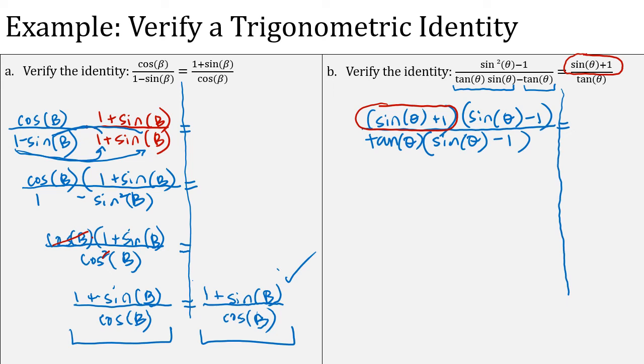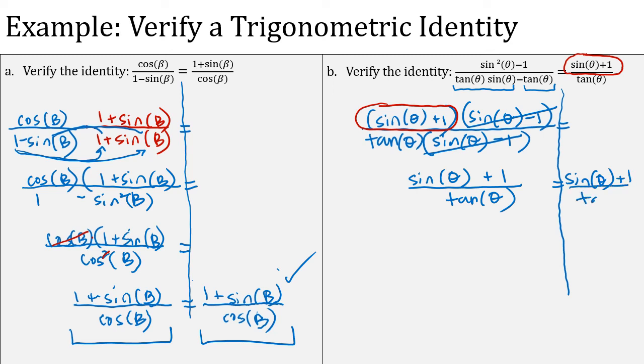That sine of theta minus 1 in the denominator can now cancel with that whole sine of theta minus 1 in the numerator, and that leaves me with the sine of theta plus 1 in the numerator and the tangent of theta in the denominator, and you'll notice that that is exactly what I wanted it to equal.